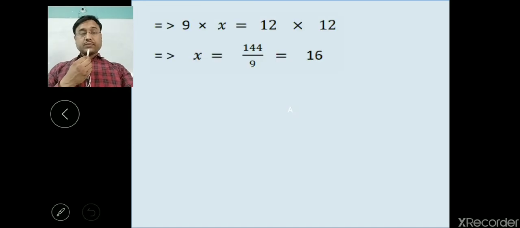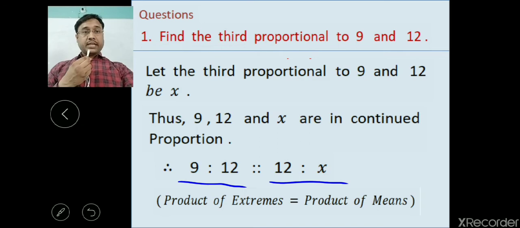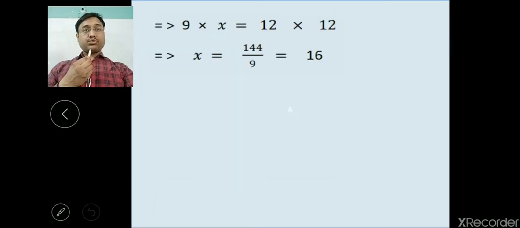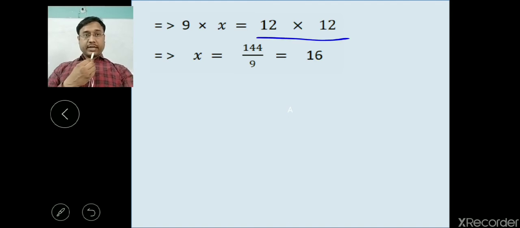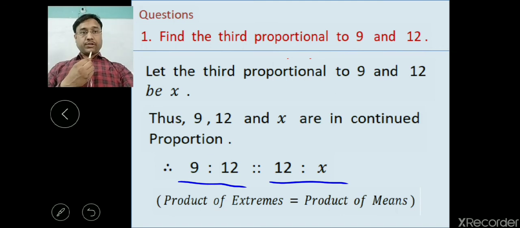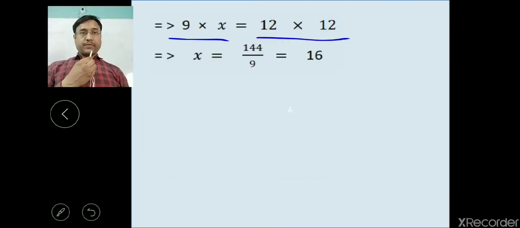So 9 into x is equal to 12 into 12. 12 into 12 is the product of means and 9 into x is the product of extremes. Then x equals 144 by 9, so x is 16.